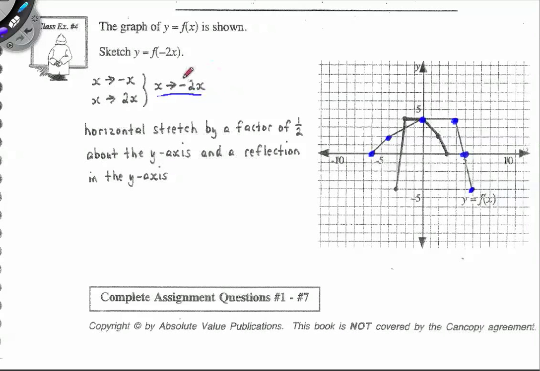Now we should be able to see that this is affecting the x. First of all, the 2 means it's a horizontal stretch by a factor of a half. So horizontal stretch, factor of a half. This negative means it's a reflection. Where? In the y-axis.